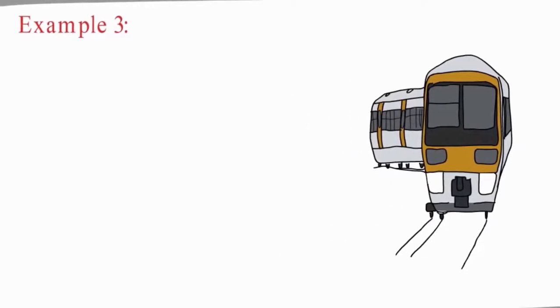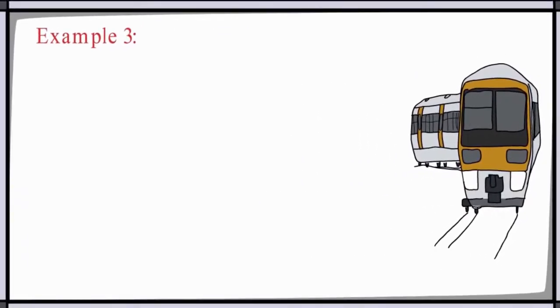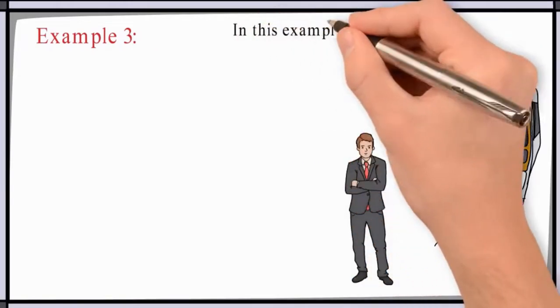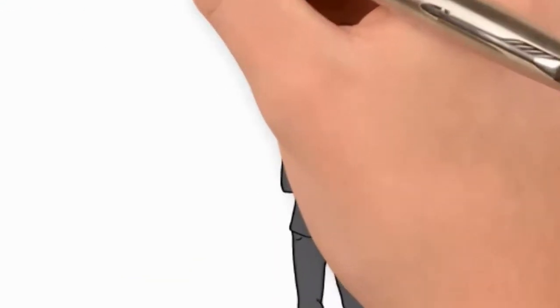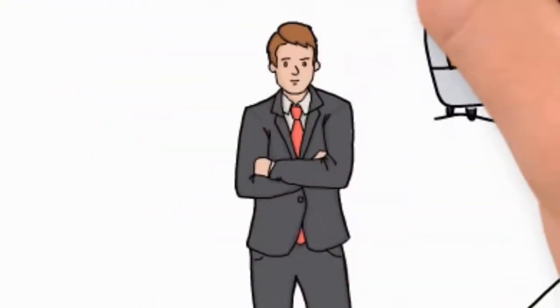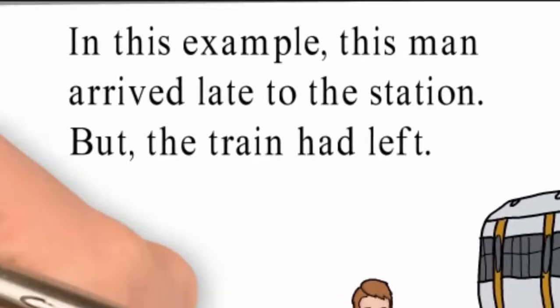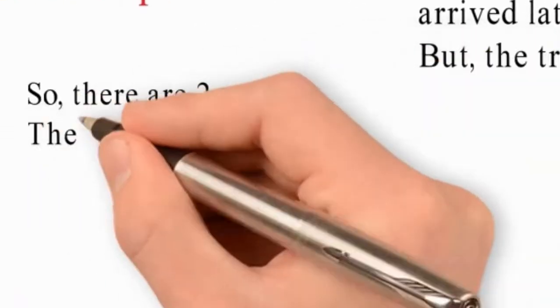Example 3. In this example, this man arrived late to the station, but the train had left. So, there are two actions.